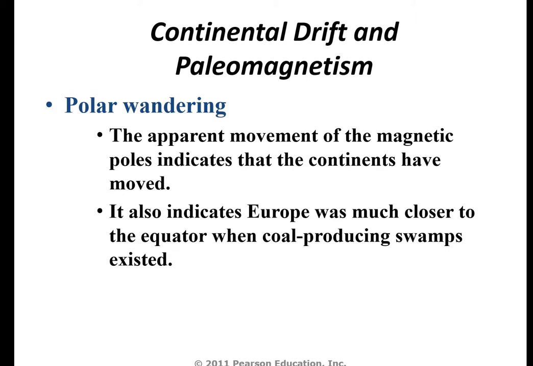Now we know that the poles wander, the North Pole and the South Pole wander, and so this apparent movement of the magnetic poles indicates that the continents have indeed moved over time. Also indicates that Europe was much closer to the equator when coal-producing swamps existed 200 million years ago.